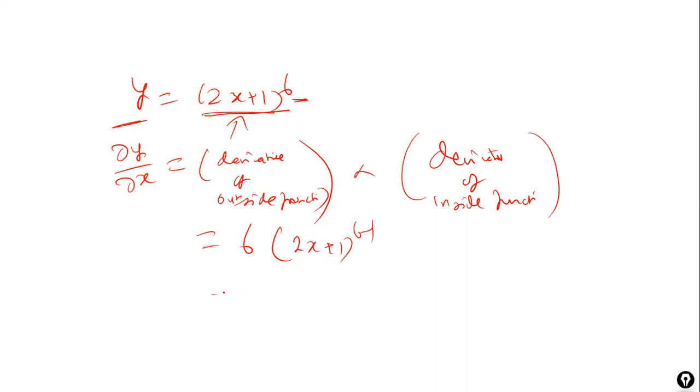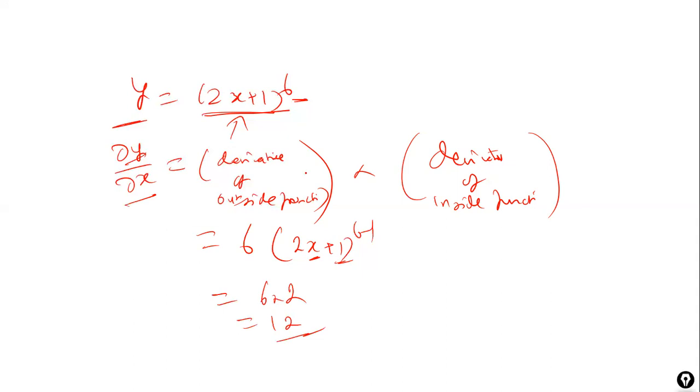Since we are taking the partial derivative of y with respect to x, the coefficient of x is 2. 6 into 2 is 12, and the constant goes away. Here you will get 12.